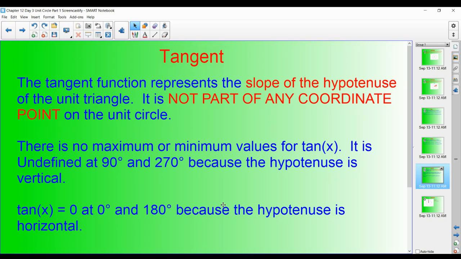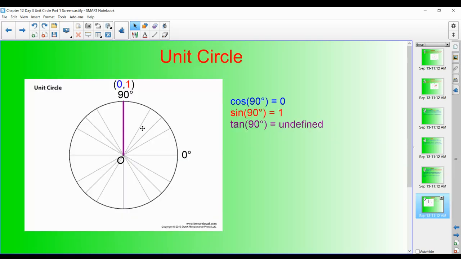So let's look at an example. Let's look at 90 degrees. If the middle is 0, 0, and I go up 1 unit, I have the point 0, 1. So at 90 degrees, the cosine is the x. So the cosine of 90 degrees is 0. The sine is y. So the sine of 90 degrees is 1.